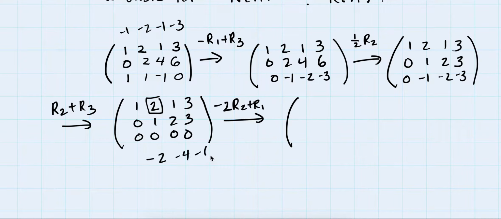So all we need to do now is make this an augmented matrix. Remember that this corresponds to x1, this is x2, x3, x4. And we solve for the pivots, so we get x1 is 3x3 plus 3x4, and x2 is negative 2x3 minus 3x4.